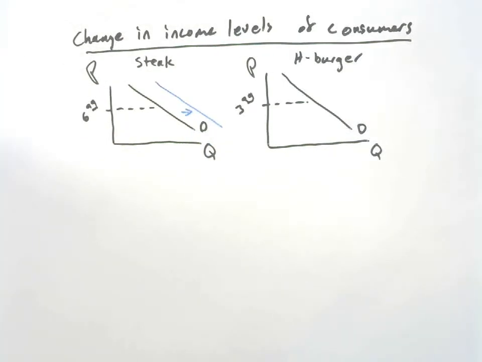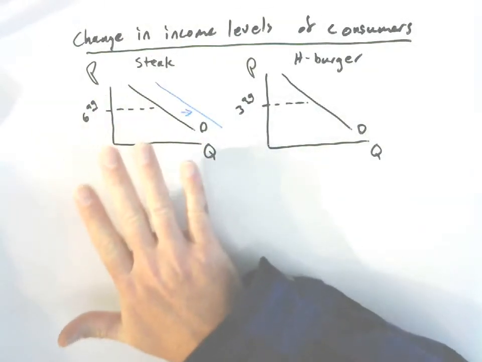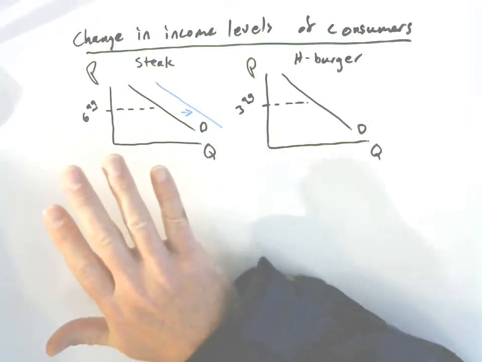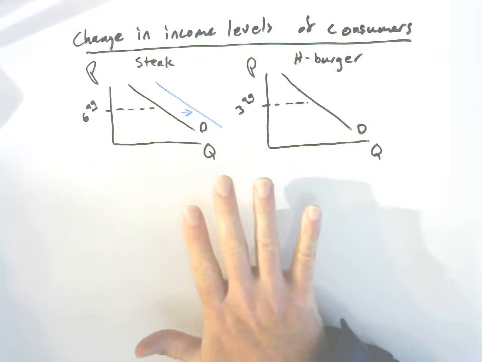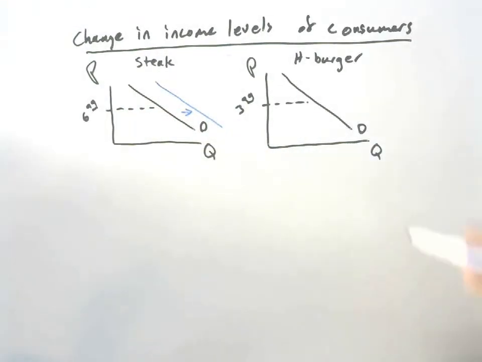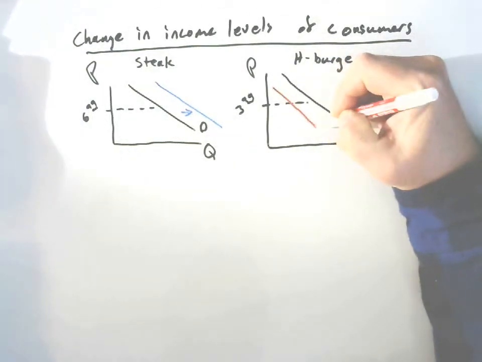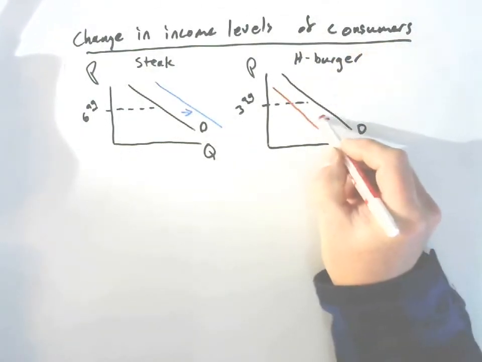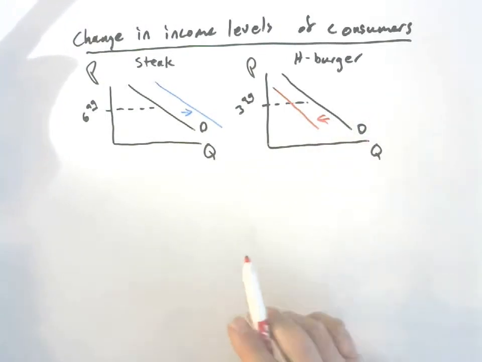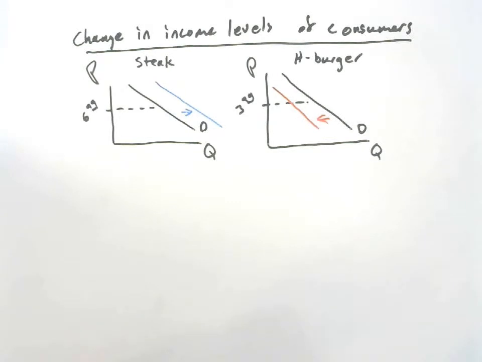So pound for pound, steak was a more luxurious item when people weren't as well off. But now people are better off, and so they start purchasing more steak and less hamburger. So the demand for hamburger would fall. So incomes rise, the demand for steak rises, the demand for hamburger falls.